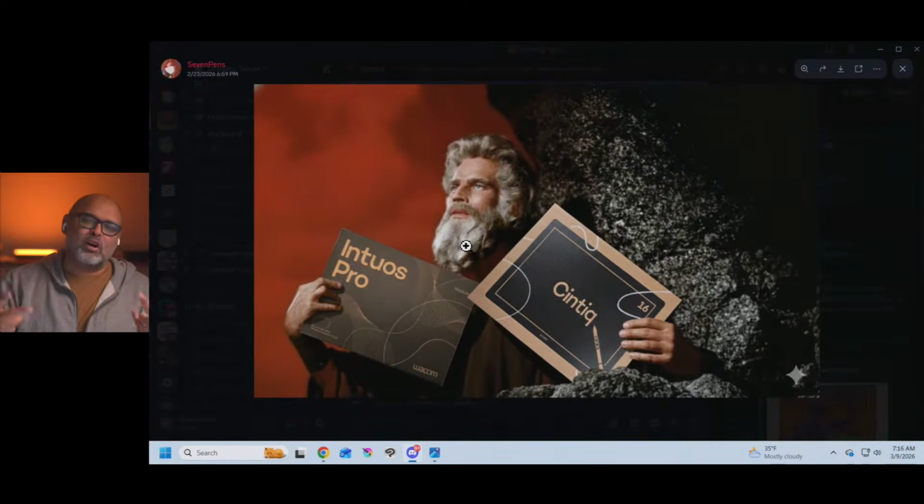I took my photos of these two boxes and a still from the 10 Commandments, that's Charlton Heston, and I put these two products in his hands as the tablets. So I thought it's quite appropriate: Moses on the mountain with two tablets. Not to get religious on you, but I just thought it was funny.